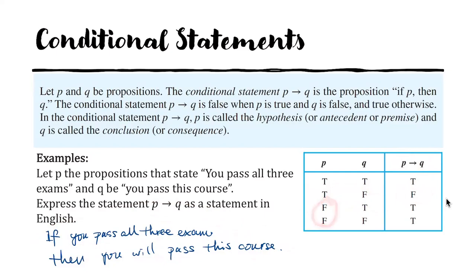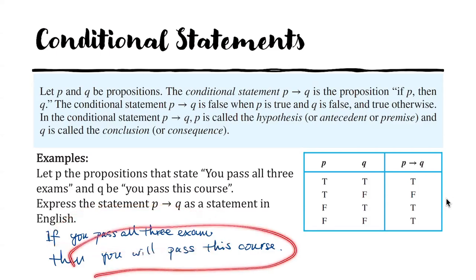Now let's look at when P is false. When a student didn't meet the condition where they pass all 3 exams, then what can happen? You can have a student who did not pass all 3 exams but still passes the course. Is that possible? Yes, right? Because I just told you, if you do pass all 3 exams, you will definitely pass the course.